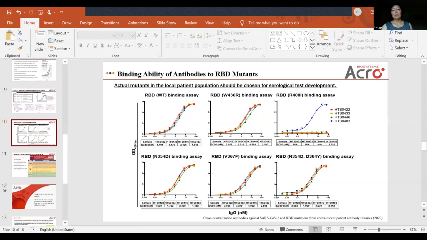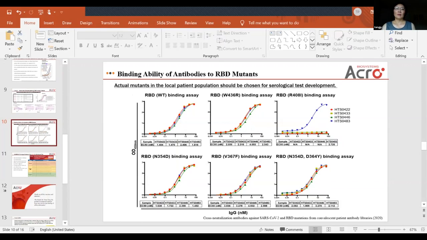So this implies that different mutants in the population in your specific region or country can only bind to the antibody developed against these specific mutants.